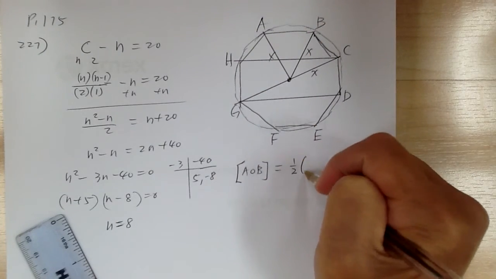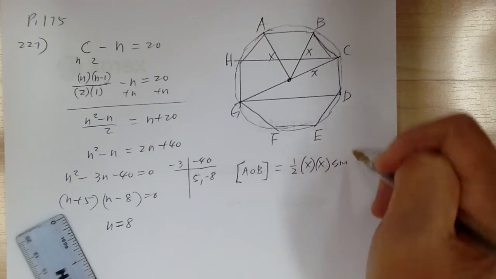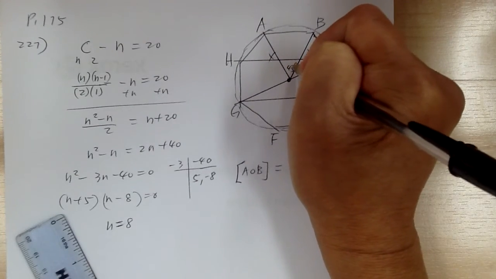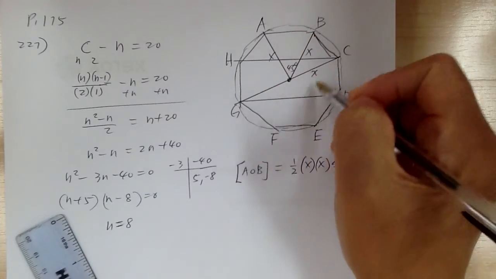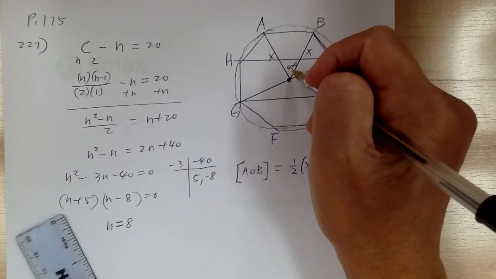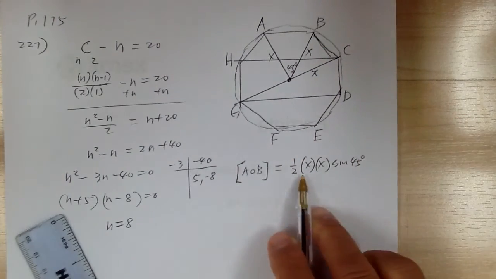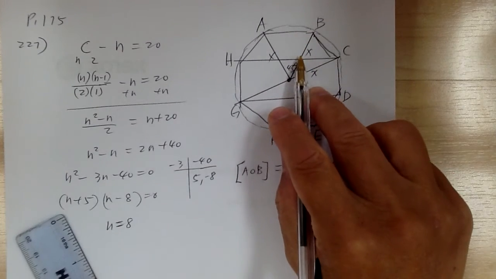So it will be 1/2 AB sine theta. In this case, theta will be 45 degrees because there are 8 triangles. If you cut into each one of these, 360 divided by 8 gives you 45 degrees. So sine of 45 degrees. This would be the area of this triangle.